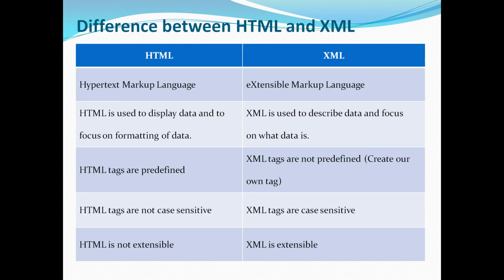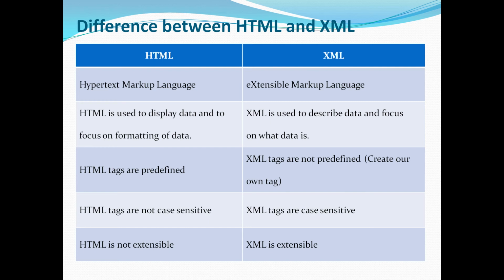The next topic is the difference between XML and HTML. Differences between hypertext markup language and extensible markup language. HTML means hypertext markup language. XML means extensible markup language. That's the main difference. Both are markup languages.